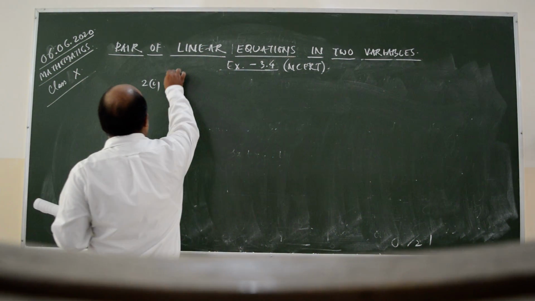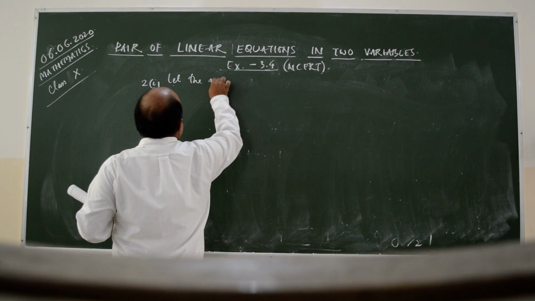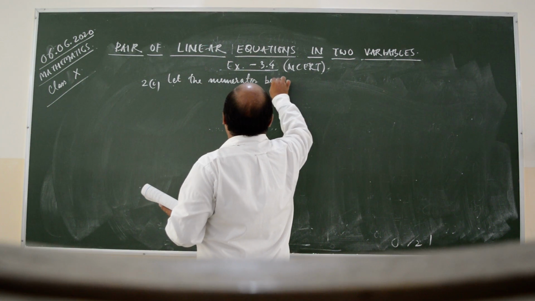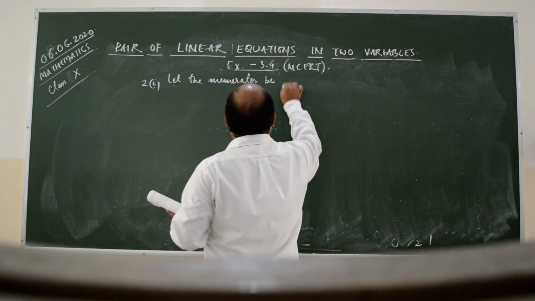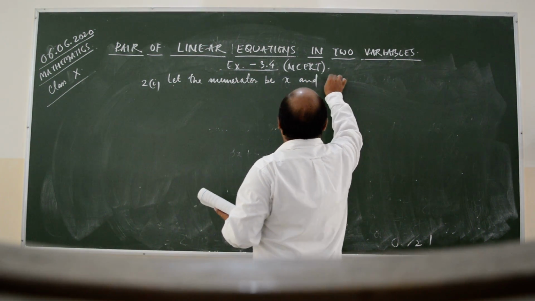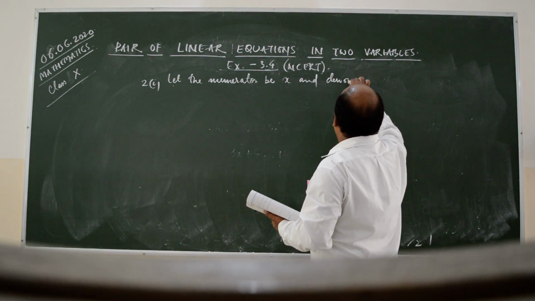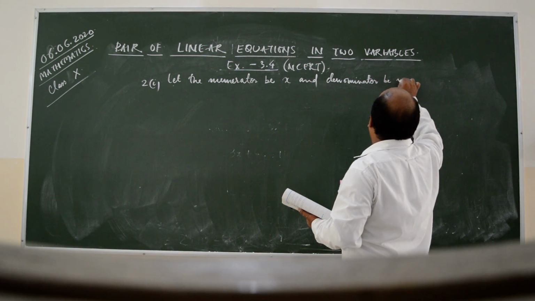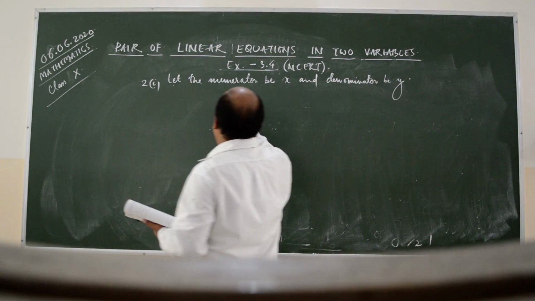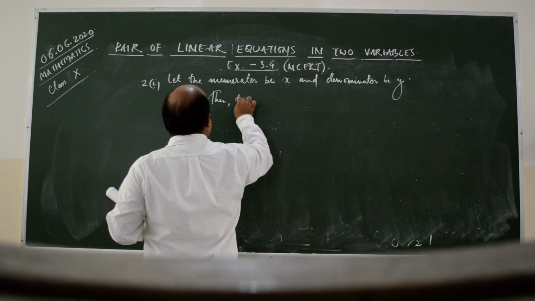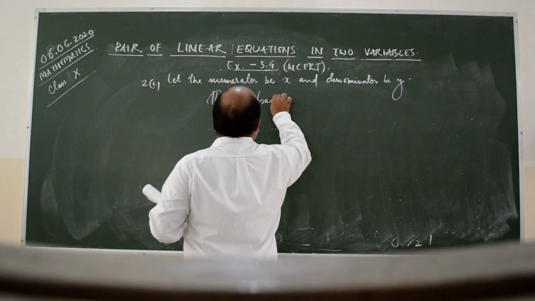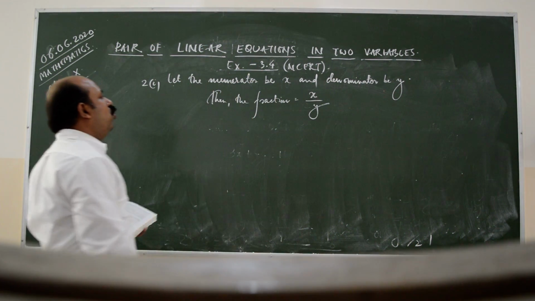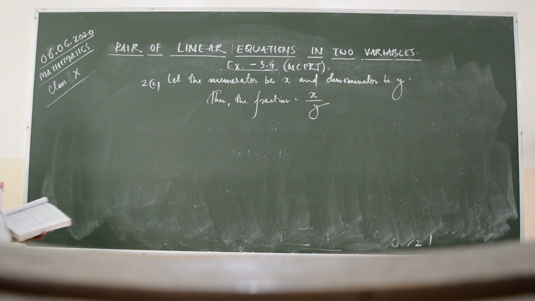So we will say that the numerator be x and denominator be y. Then the fraction, remember in this question ultimately we have to find out the fraction. So the fraction is numerator by denominator, so it is x by y.